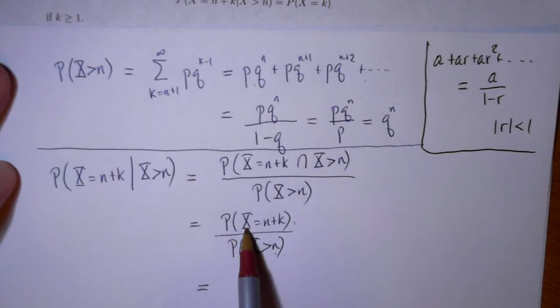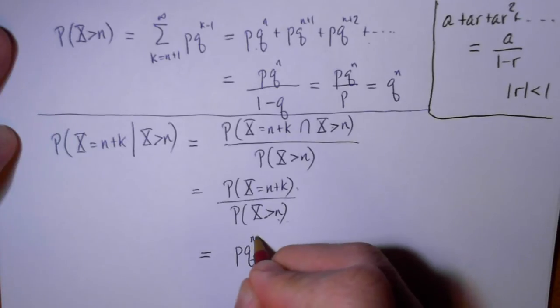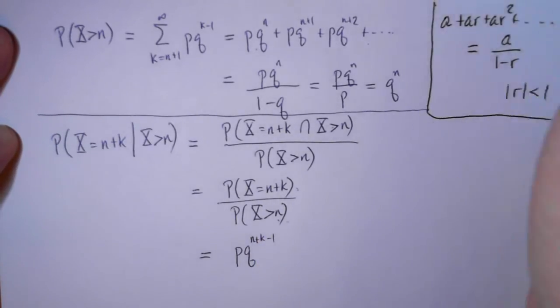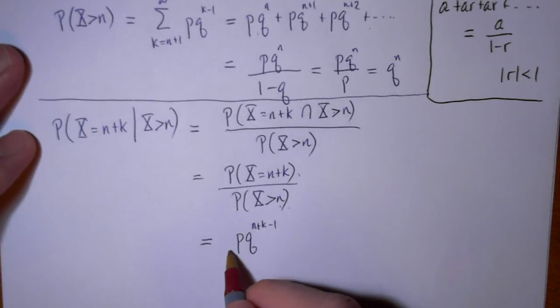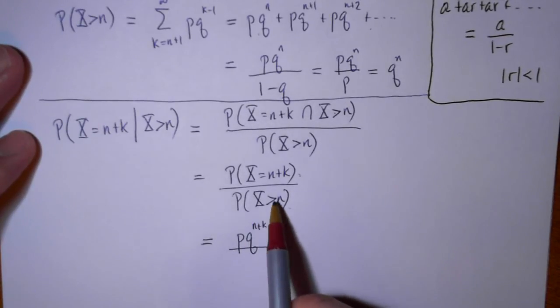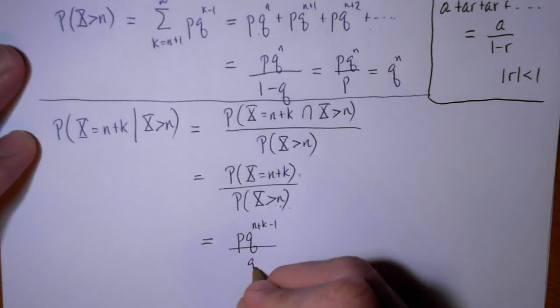Now the chance that X is equal to n plus k is equal to p times q to the n plus k minus 1, divided by the probability that X is greater than n, which we just showed is equal to q to the n.